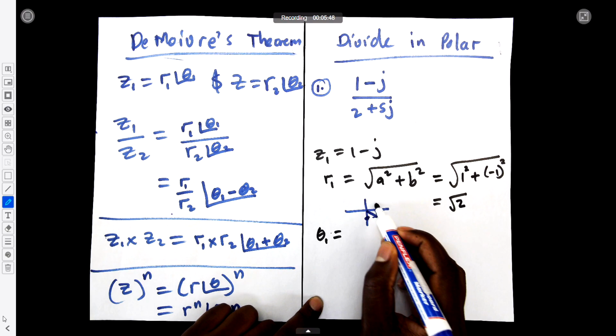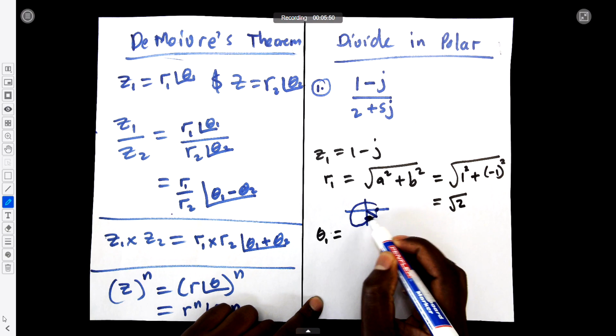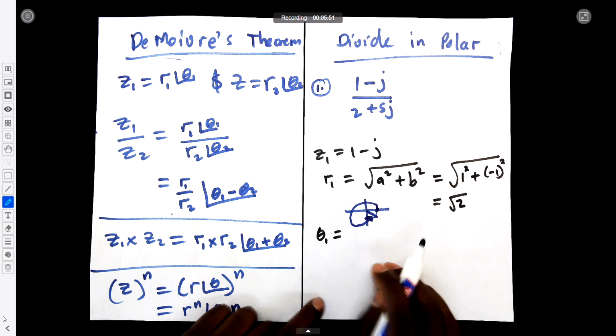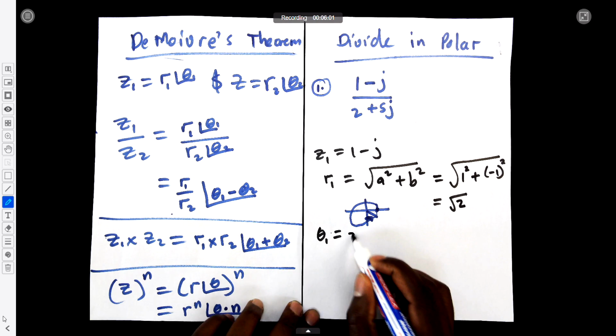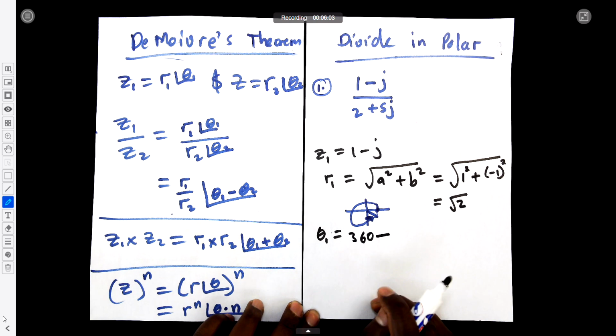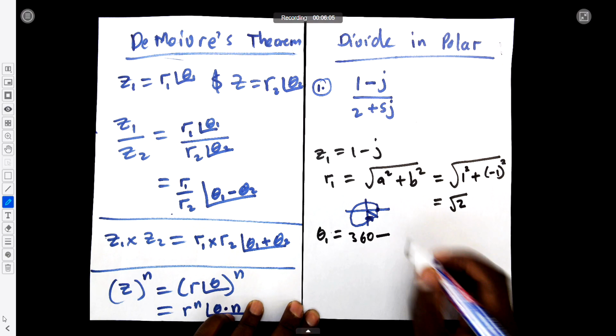So the angle we'll be looking for will be from 0 to there. Which means we'll be in the fourth quadrant. If we're in the fourth quadrant, we know that it's 360 minus. I mentioned that yesterday.